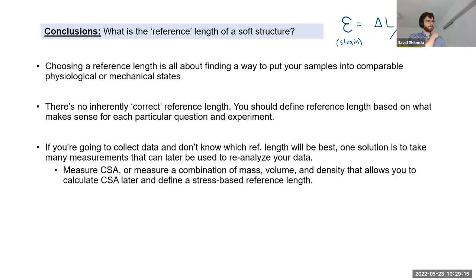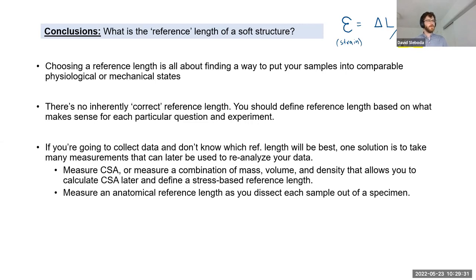lengths later. For example, you'll want to always measure cross-sectional area or measure some combination of mass, volume, and density that allows you to calculate cross-sectional area later and define maybe a stress-based reference length, which can always be used kind of in a pinch. You could measure an anatomical reference length as you go through your normal dissection, so that you just have it in your lab notebook there and you can use it to check why some large outlier is there.